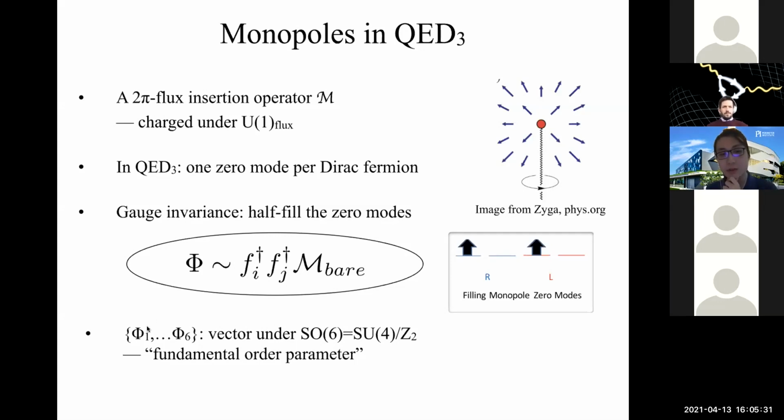So these 6 monopoles transform as nothing but the vector representation of SO(6), which is basically SU(4). So these are the fundamental order parameters of the theory in some sense.